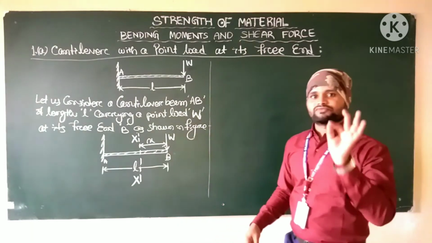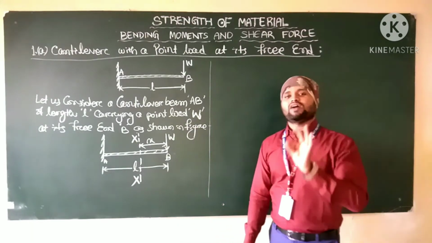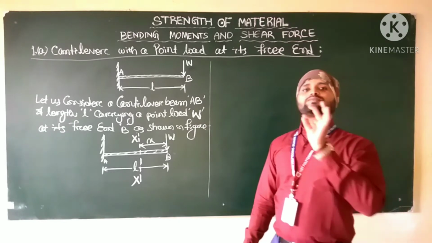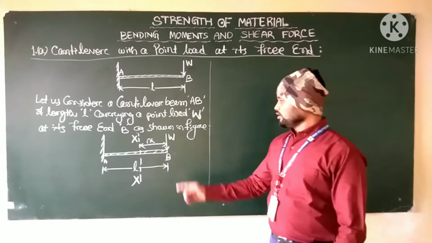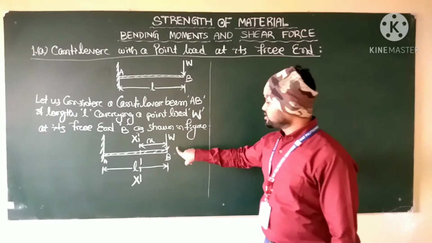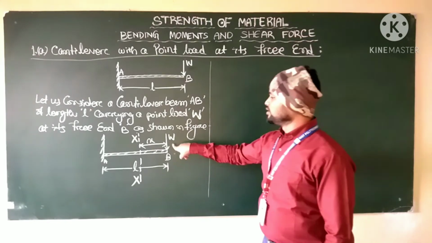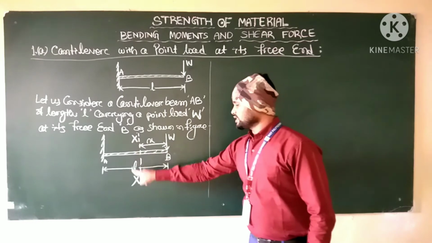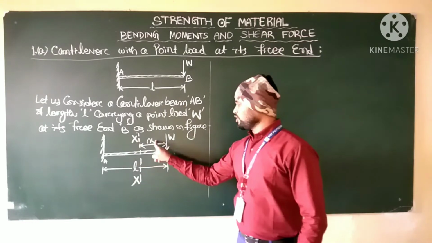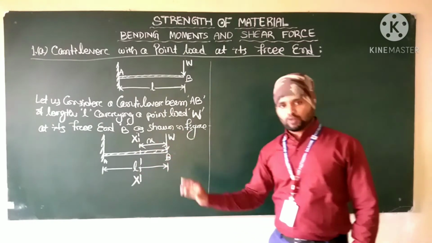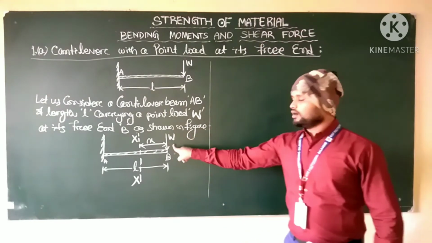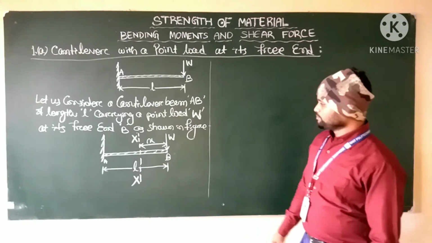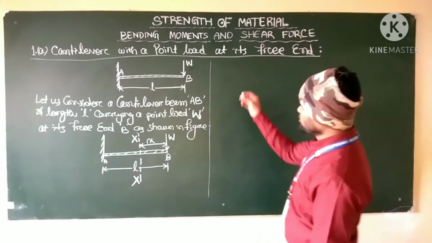Shear force at a section is defined as the unbalanced vertical force to the left or right of the section. So here in this figure, the shear force at the section XX at a distance small x from the free end is equal to the unbalanced vertical force W at the free end.